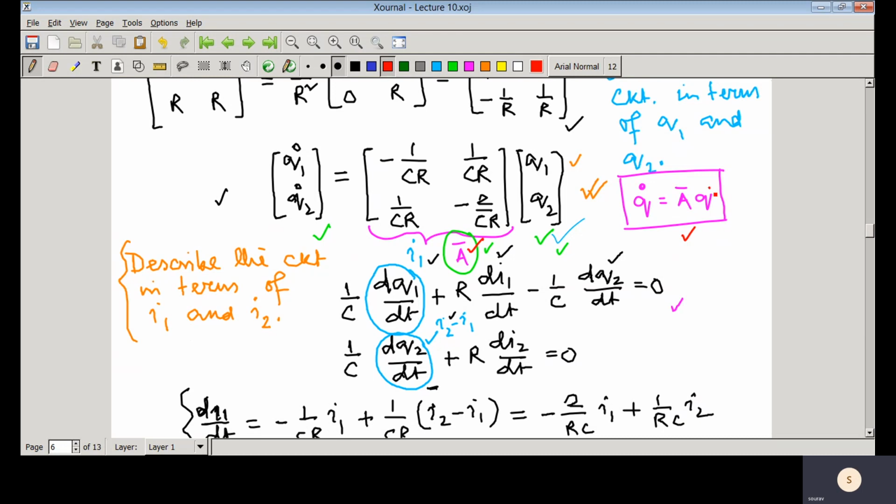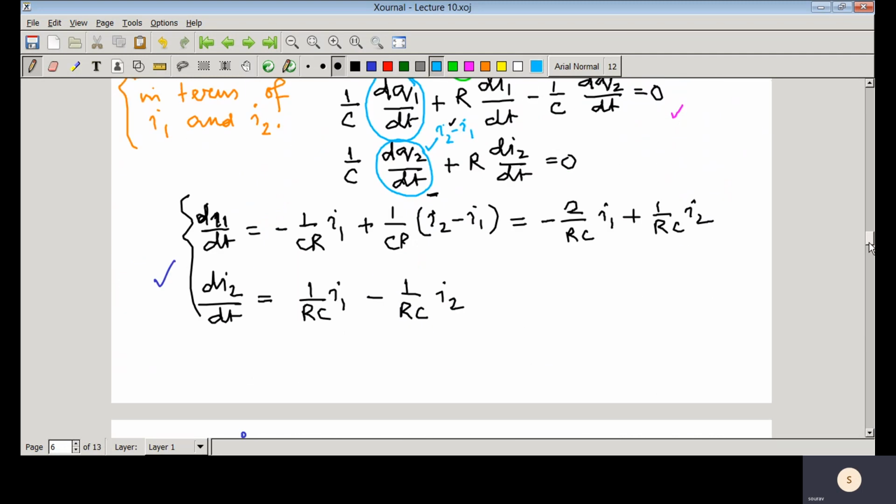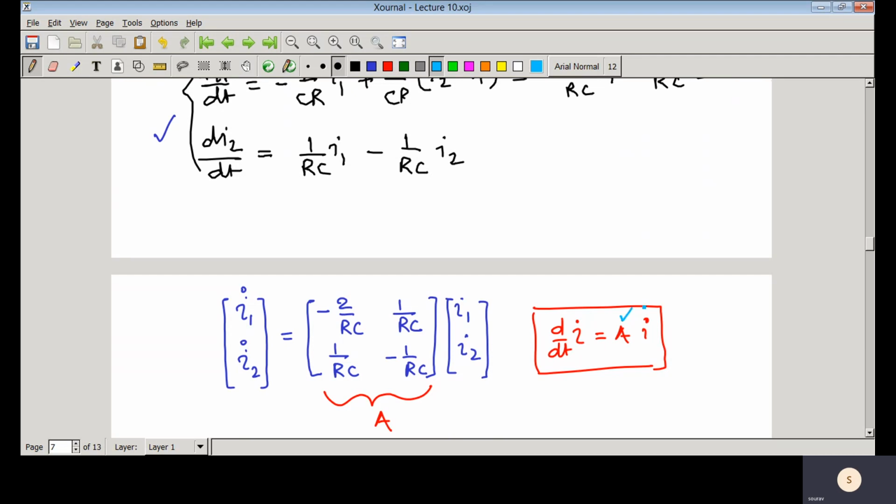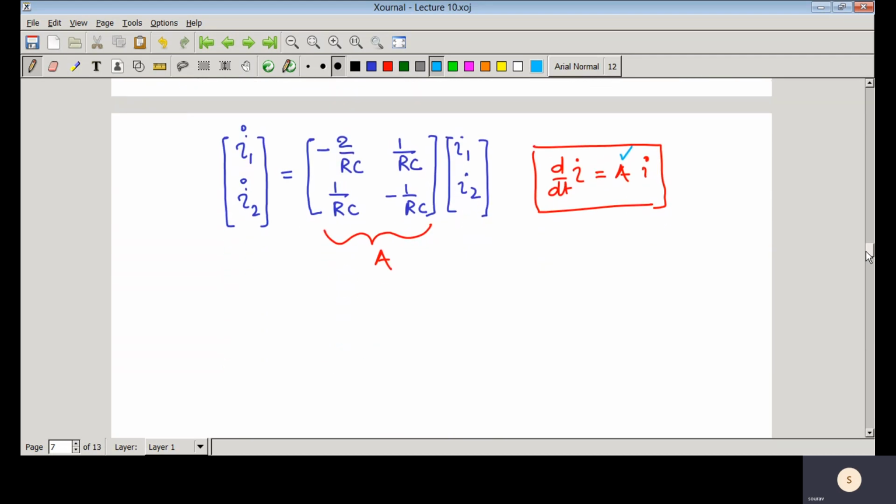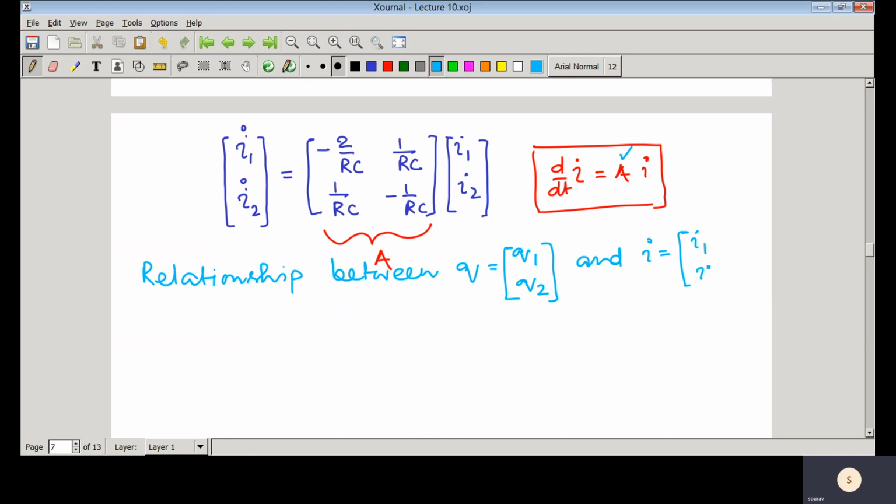Now we are interested in finding the relationship between the two state vectors. If you take state vector Q, then you have one representation with the matrix A bar, and if you take currents as state variables, you have another representation where the system matrix is A. So let us see the relationship between Q, that is Q1, Q2, this state vector, and the other state vector we have defined, that is I1 and I2.